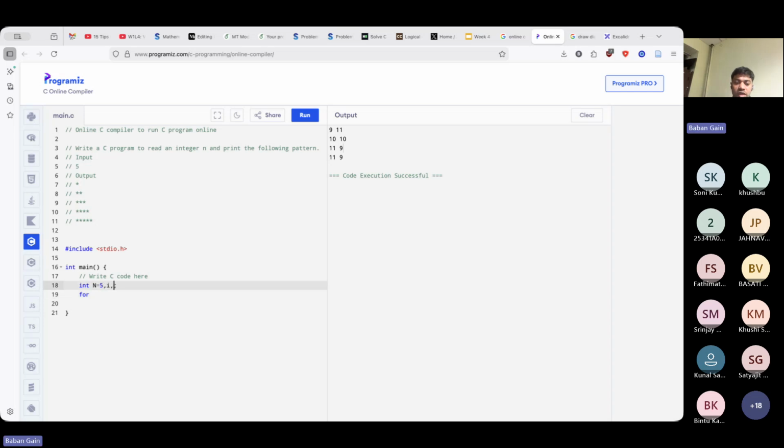Let me keep two variables: i equal to 0, i less than n, i plus plus, and j equal to 0, j less than n, j plus plus. Okay, then what should be the logic? When to print star, when not to?